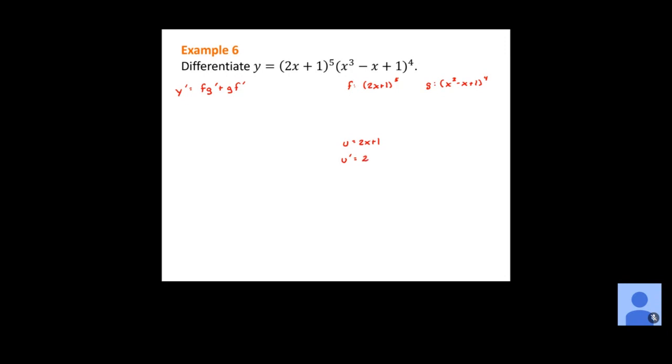2. Good. So now I'm just going to rewrite my f function as u to the 5th, which means our f prime is going to be what?